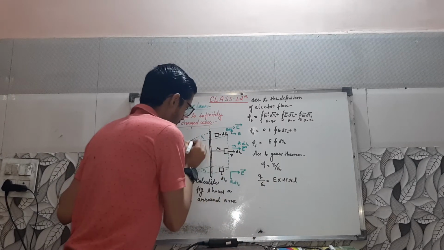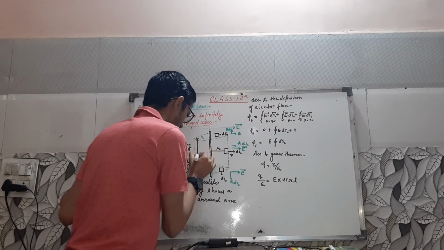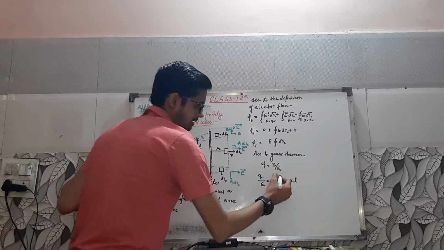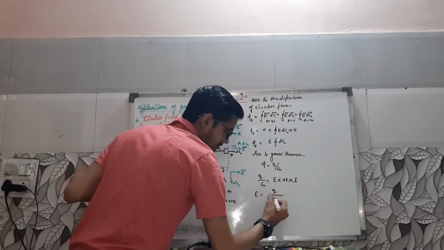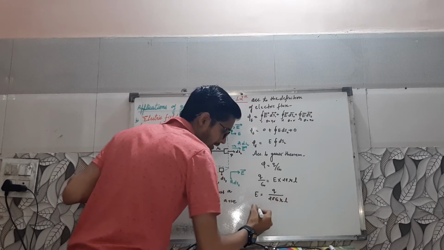This is r and the length of this is l. So E equals Q upon 2 pi epsilon naught r l.